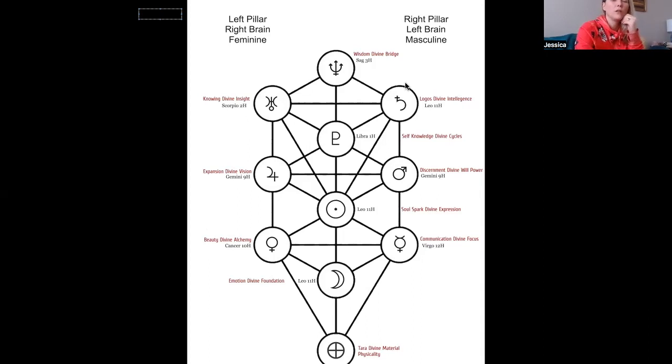And these are all, how should I say, the way that the energy emanates down, right? It's the same for everyone. It's universal. These are the lessons that are global.